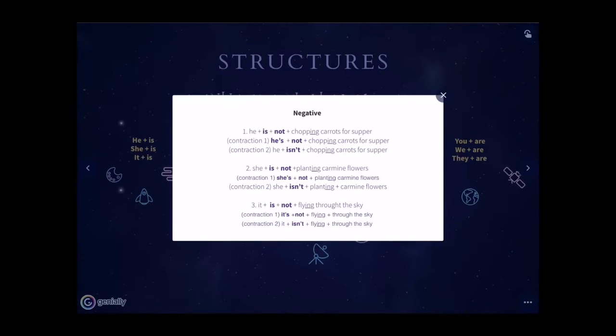The second contraction contracts the verb be and the negative word not, and it looks like isn't. The first is he's not plus the ing verb, and the second is he isn't plus the ing verb, chopping, planting, flying, or whatever verb.